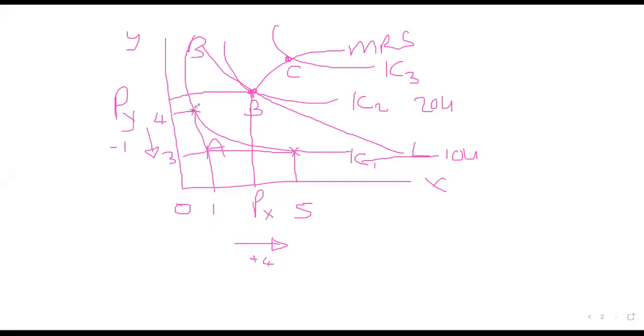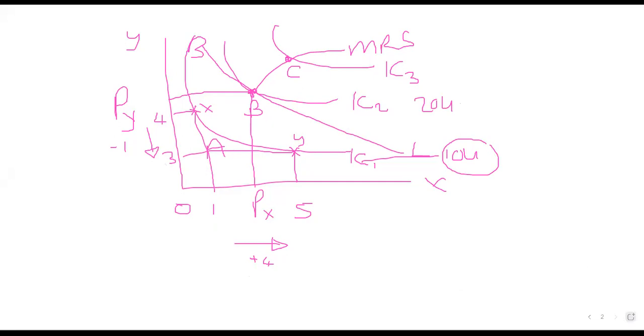Even if we move from this unit X to Y, the utility along this indifference curve is still 10 utils. But the marginal rate of substitution from X to Y changes because you are losing 1 unit of Y and gaining 4 units of X. So this opportunity cost is what we call the marginal rate of substitution.